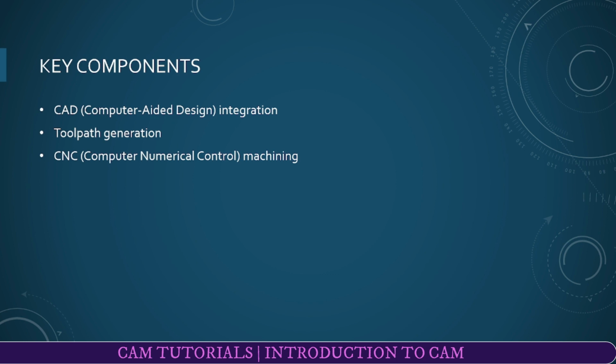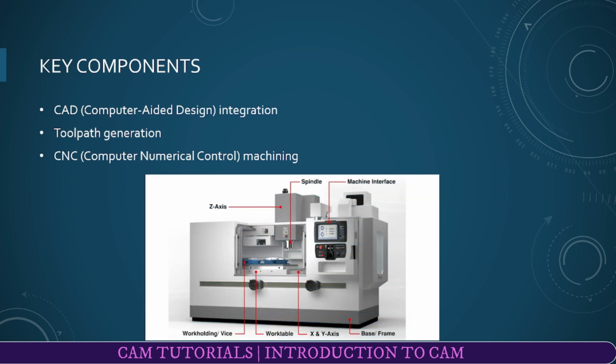And the next thing is CNC, computer numerical control machining. A CNC machine is basically your lathe machine or a milling machine, like a manual milling machine or manual lathe machine. You just integrate your post processor here, that is the machining interface.